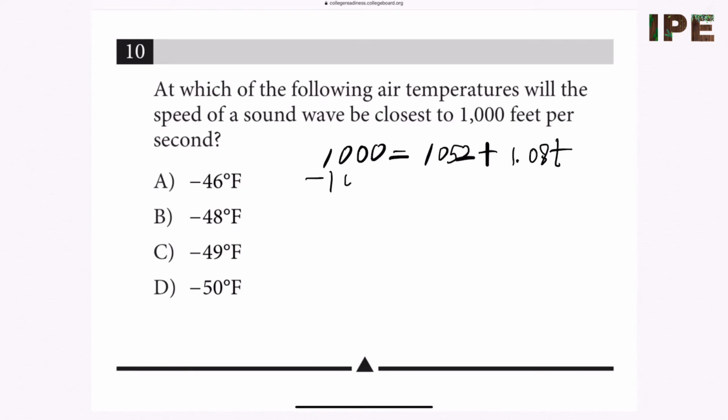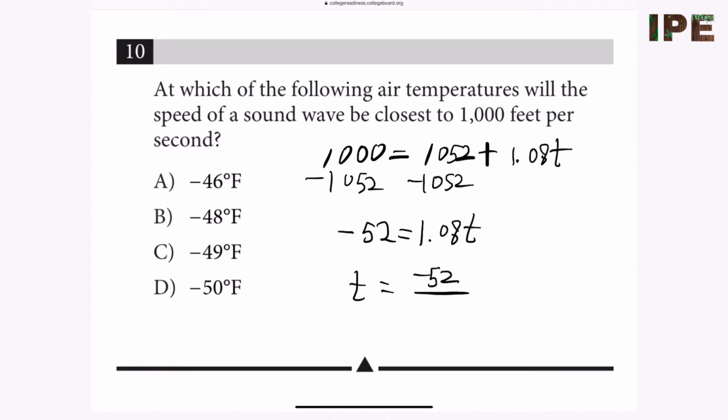Subtract 1052 from both sides. Negative 52 equals 1.08T. So T is supposed to be a negative number, right? Negative 52 divided by 1.08.